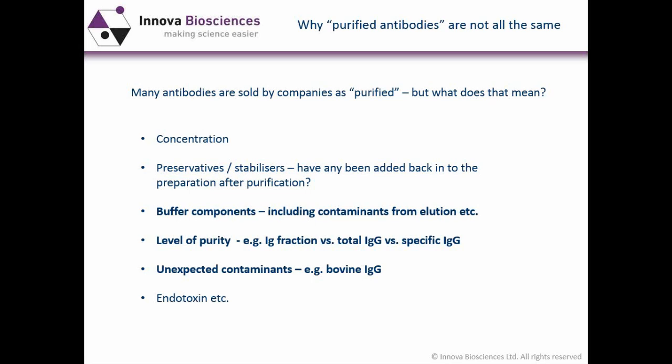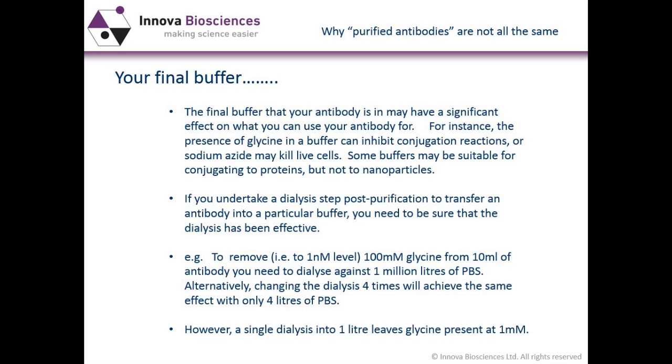I'm going to talk about the buffer components first. So the final buffer that your antibody is in can have a significant effect on what you can use that antibody for. So you might actually use a glycine-containing buffer to elute antibody from a protein A column. Glycine will actually inhibit many conjugation reactions, and we'll talk about those a little bit later.